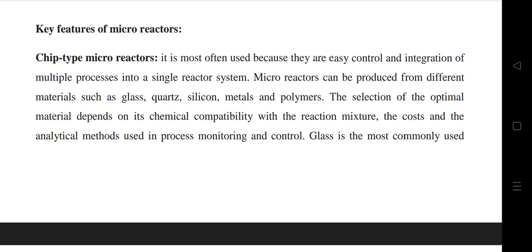The selection of the optimal material depends upon its chemical compatibility with the reaction mixture, so that the chemical we use for the formation of the vessel cannot react with our reactants. The most important features are cost and the analytical method used in the monitoring and control processes.